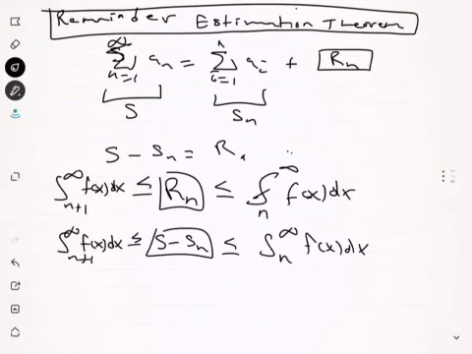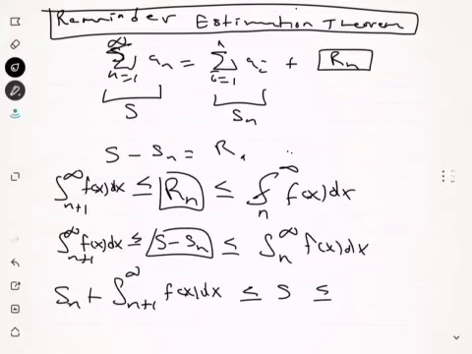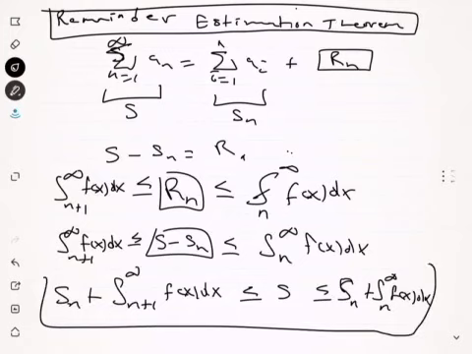And then if you add sn to both sides, you get sn plus the integral from n plus 1 to infinity of f of x dx less than or equal to s, less than or equal to sn plus the integral from n to infinity of f of x dx. So this says that the sum of a series is between sn plus the integral from n plus 1 to infinity, and sn plus the integral from n to infinity.